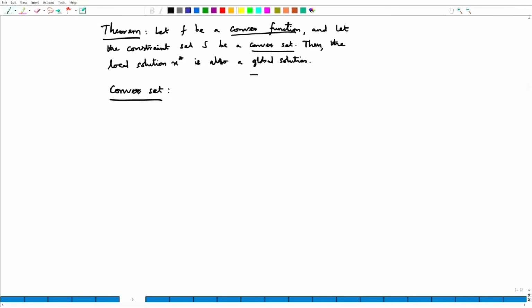A set X is convex if x, y in X implies lambda x plus (1 minus lambda) y is in X for all lambda in [0, 1]. To explain what this is, consider that we have the following set.